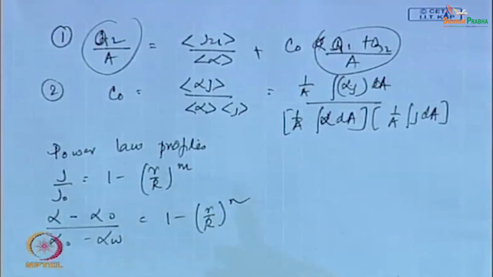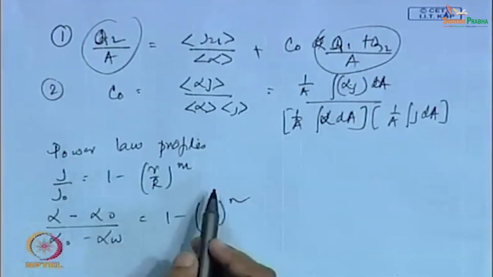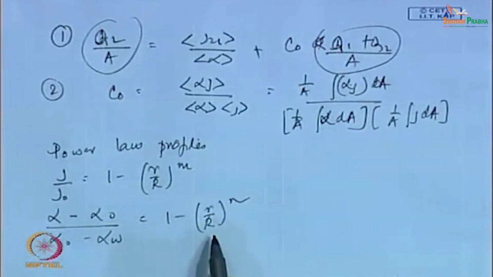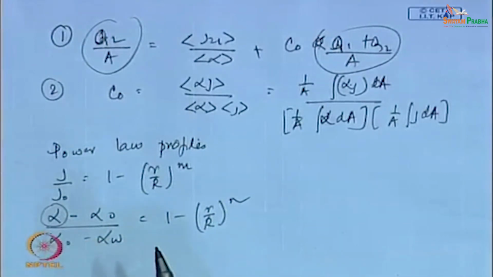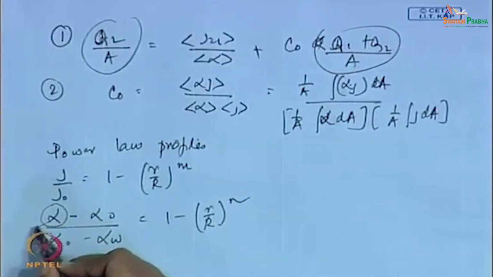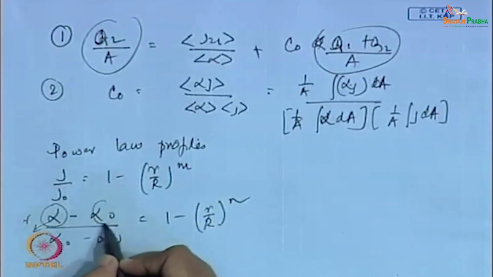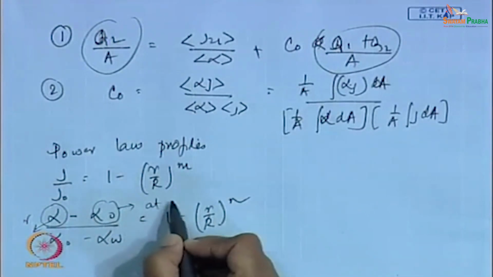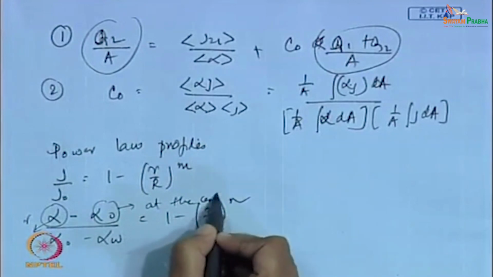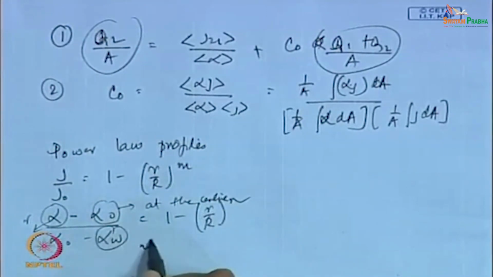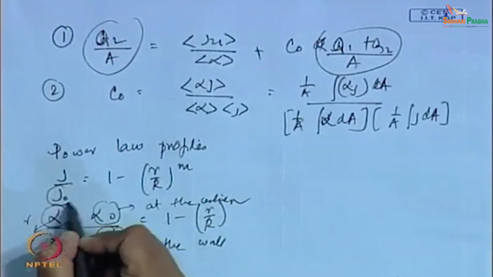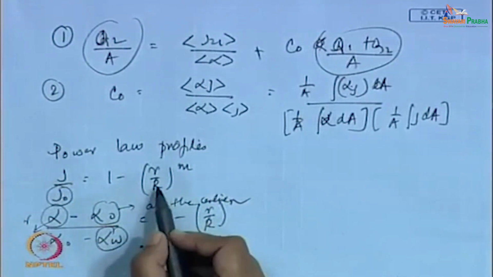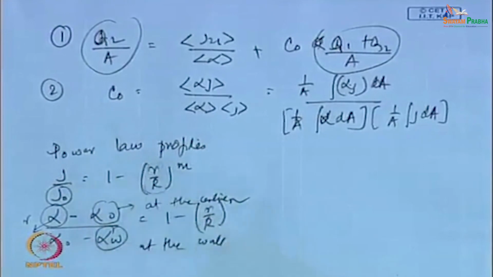Even in single phase flow you have found that usually we deal with power law type of profiles. So, when we have such profiles, remember that alpha is the average volumetric concentration at any particular radial location r, alpha 0 is at the center and alpha w is at the wall, which is usually equal to 0. Same thing, j0 is at the center, R is the radius and r is the radial distance.